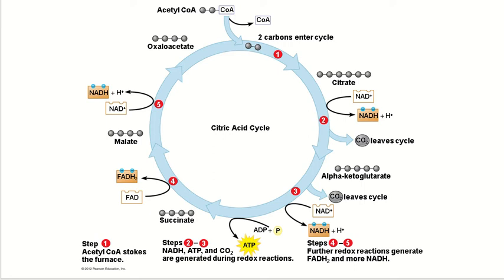Now as citrate proceeds to step 2, citrate would be oxidized, meaning to say it will lose electrons. Upon losing electrons, those electrons will be donated to another molecule, and that would be NAD+. Hence, as citrate is being oxidized, NAD+ will be reduced to NADH.